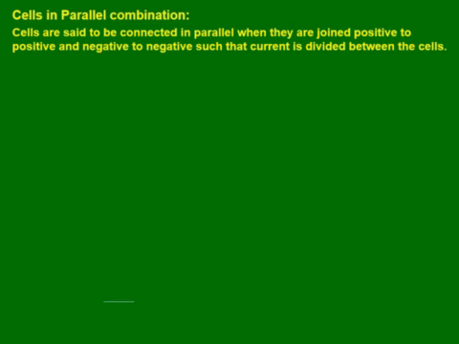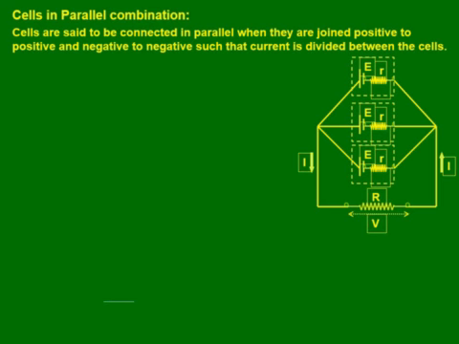Current is divided between the cells depending on the cell criteria, like the value of r and E. But here I have taken all of the cells to be identical, so equal current will be there. So you can see E and r, E and r, E and r, n number of times they are connected in parallel. The total current that will be sent through the external resistance capital R is I.